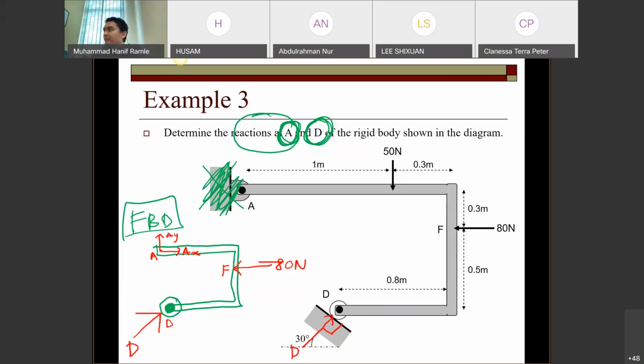Is this FBD completed or not? There's a 50 Newton force. Yes, there is another one. 50 Newton. Thank you.